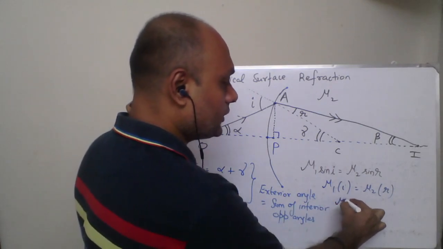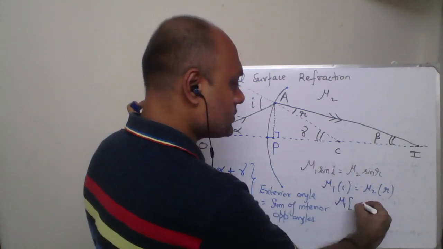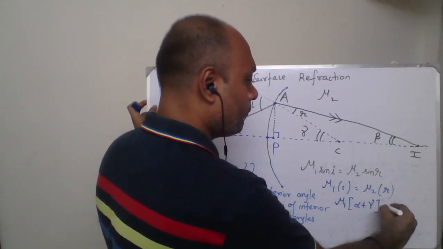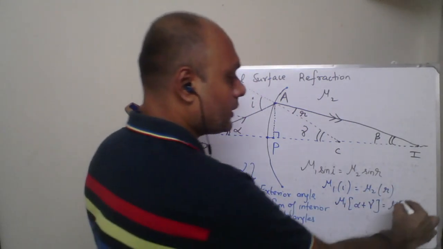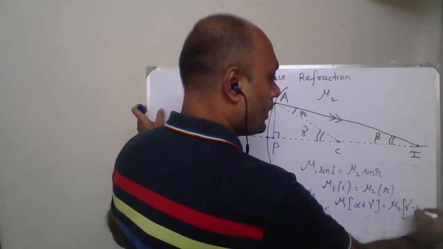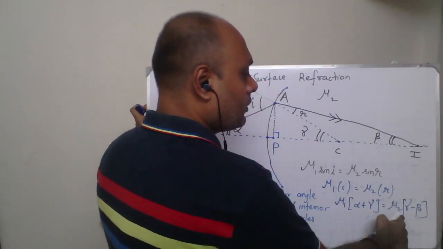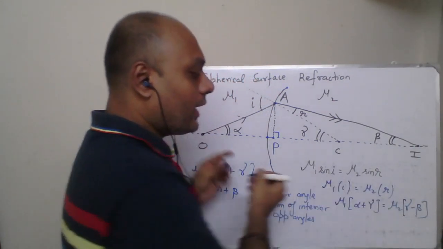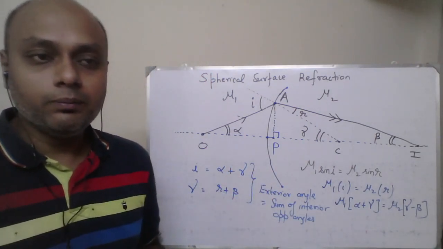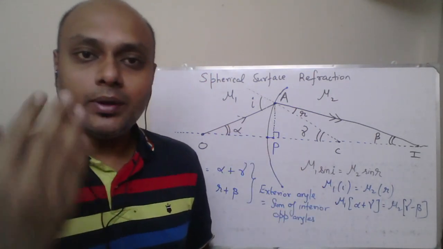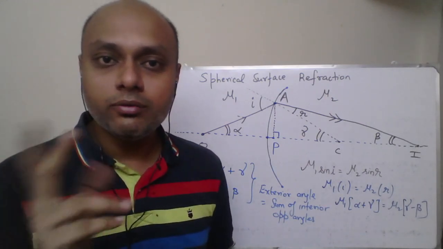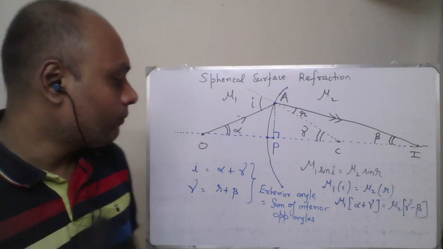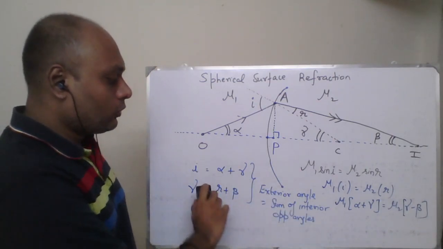So I will have the relation mu1 times I, which is alpha plus gamma, equal to mu2 times R, which will become gamma minus beta. Now all the angles alpha, beta and gamma are quite small, so I can replace alpha with tan alpha, beta with tan beta, gamma with tan gamma. So replace it. I am going to erase this part over here.